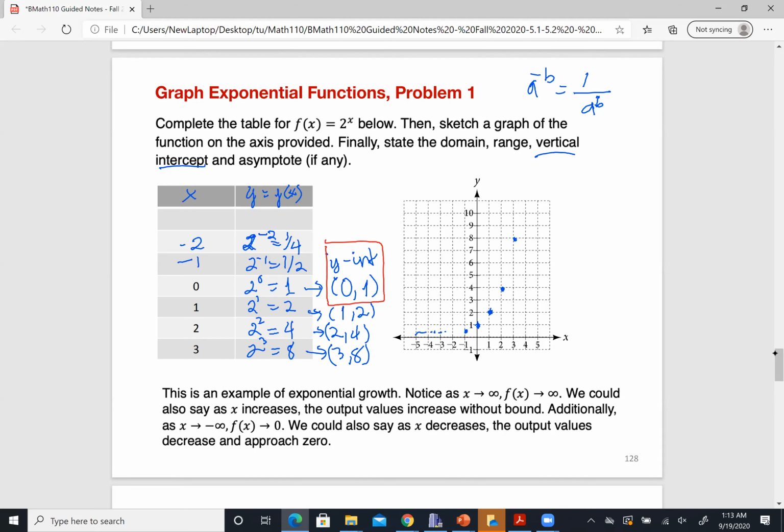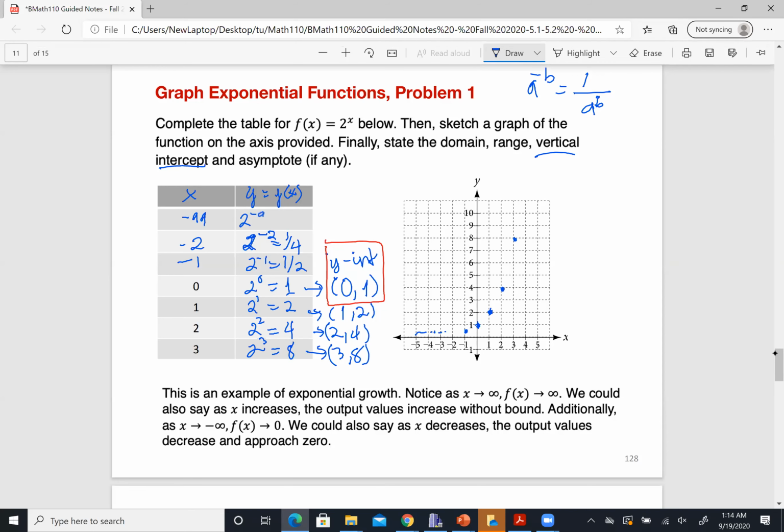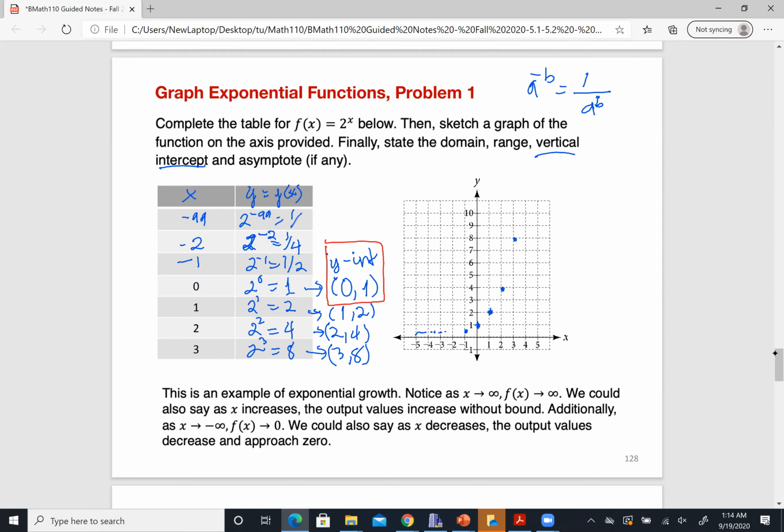Similarly, if I have -99, what do I have? 2 to the power -99, which equals 1 over 2 to the power 99. And that's really a very small number. Now I'm going to say it tries to go to 0. It becomes close to the horizontal axis.